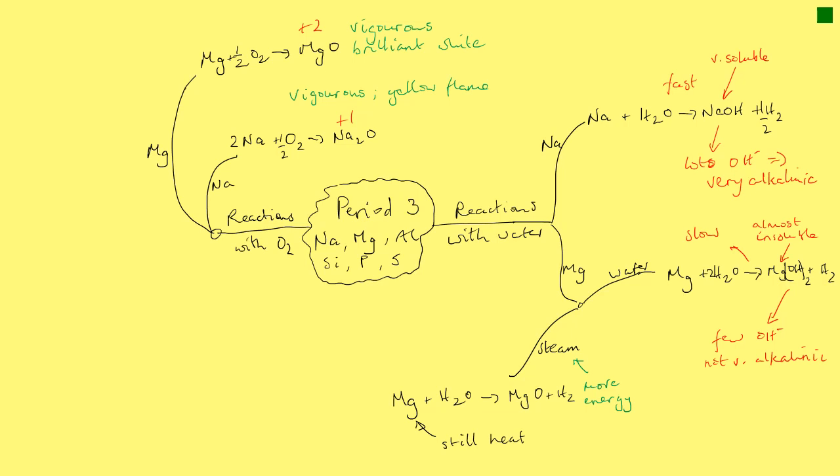Let's do the next one. Let's do aluminium. So when aluminium reacts, and it needs a lot of encouragement to react because those metallic bonds are even stronger, it does react under the right conditions with oxygen to make aluminium oxide, like so. And you can see from that formula that the oxidation state of aluminium is going to be +3.